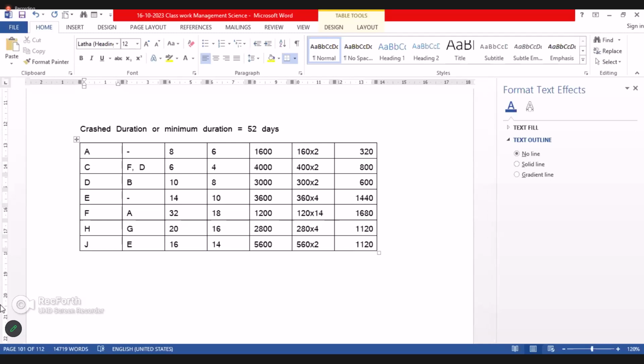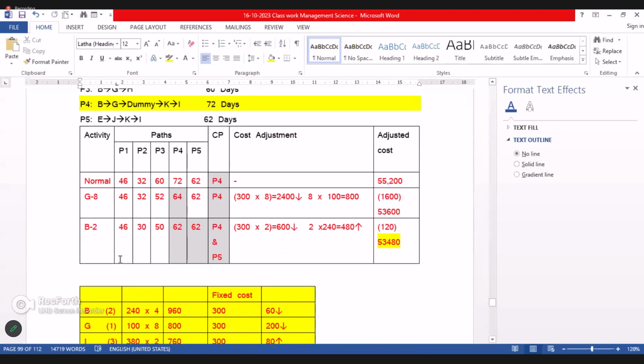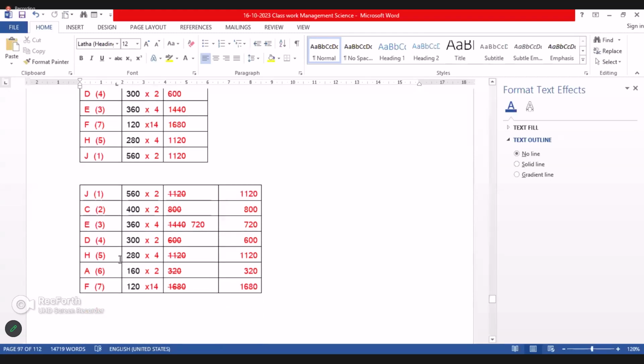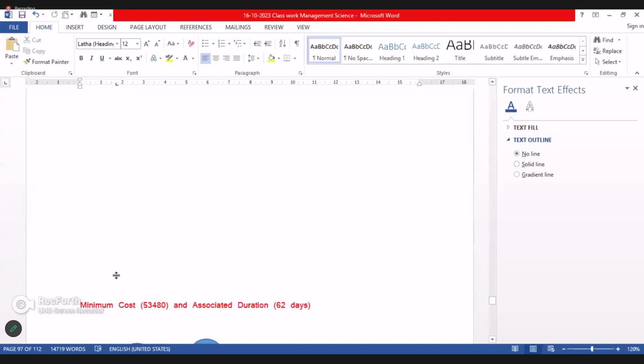These non-critical activities, we have to consider the ones which have the highest cost slope.